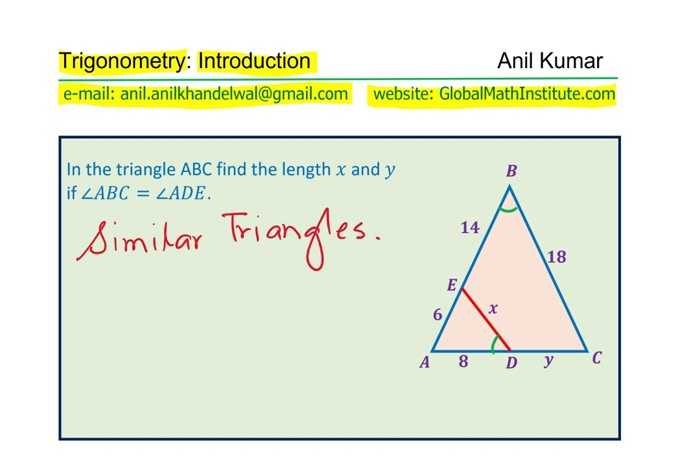To solve this question, what you need to do is to find two triangles which are similar, use the properties of similar triangles to solve for the unknowns x and y. What are we given? We're given that this angle here, ADE, is equal to angle ABC. So I hope that is a good hint to begin with. Now it should be simple to solve this question.